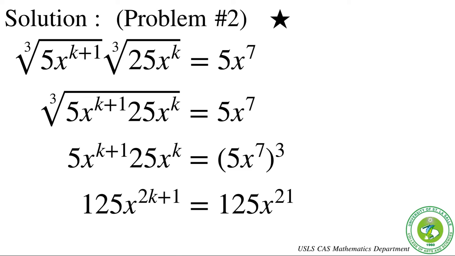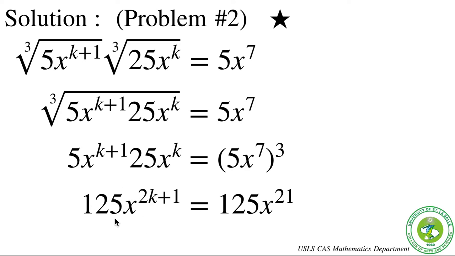It's now time to get the value of k. We have only one k here, and k is located on the exponent part of our equation. So in order to get the value of k, we need a very important property of exponential equations: we can equate our exponents, putting the equal sign directly between them, if our bases are the same. Remember, bases are the ones we are exponentiating.